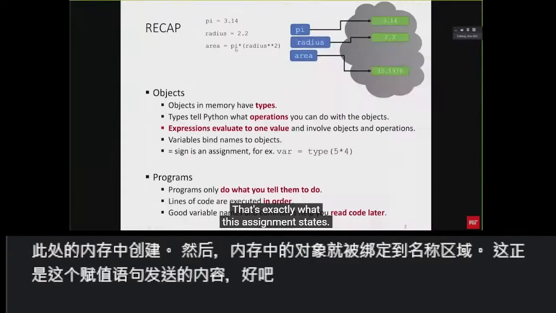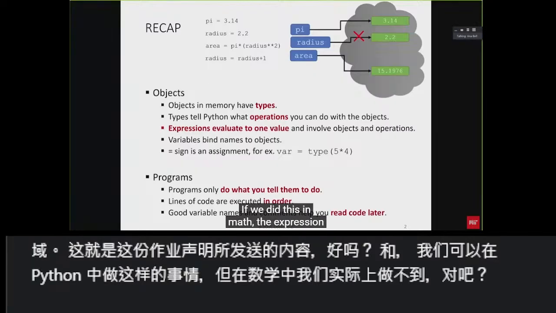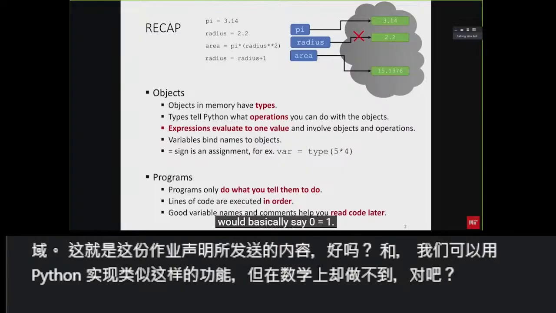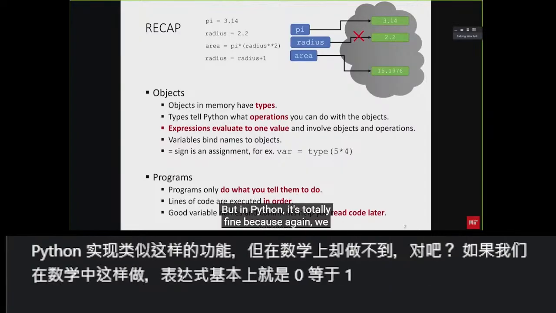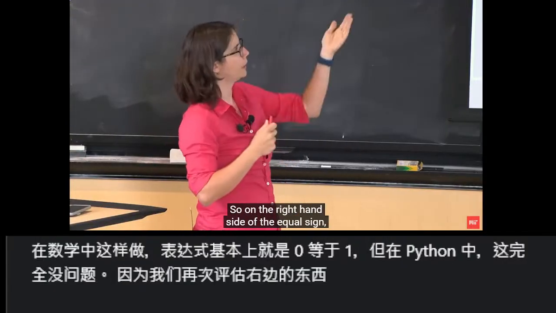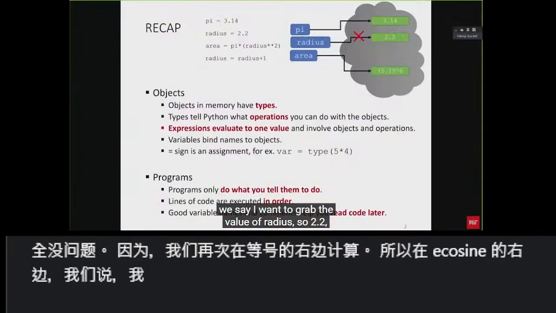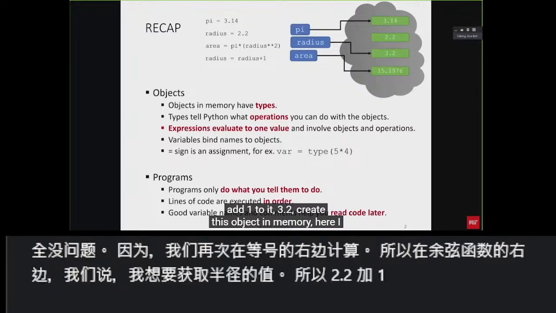Okay? And we can do something like this in Python, which we can't actually do in math, right? If we did this in math, the expression would basically say 0 equals 1. But in Python, it's totally fine because, again, we evaluate the thing on the right-hand side of the equal sign. So on the right-hand side, I want to grab the value of radius, 2.2, add 1 to it, get 3.2, and create this object in memory.